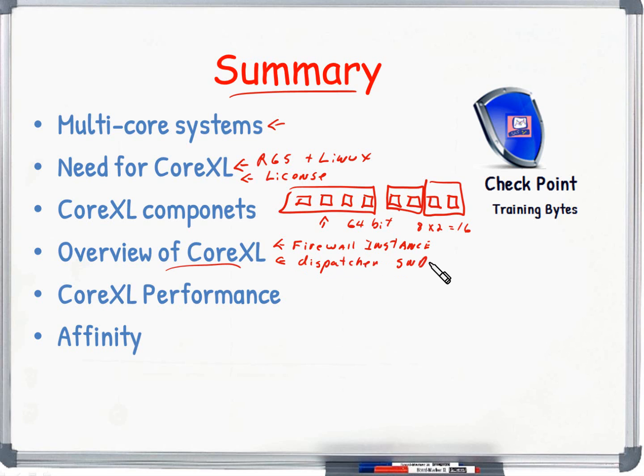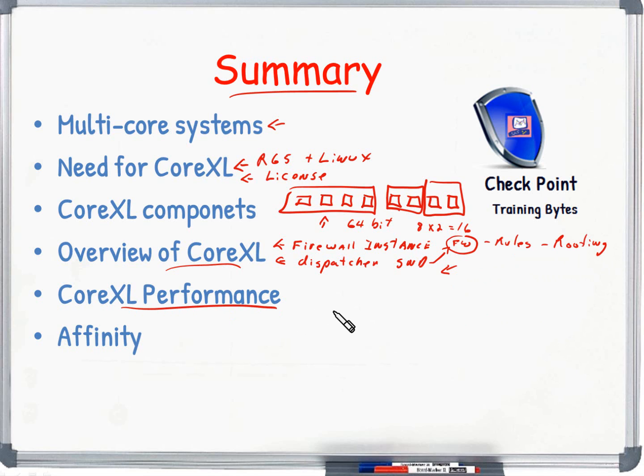And then we discussed how CoreXL works, how a packet comes into the dispatcher. The dispatcher makes a decision where to forward that traffic, and forwards it to one of the firewall workers. The firewall worker then processes that connection, looks in the rule base, finds a rule, sends that packet to routing for routing purposes, and also updates the dispatch table about that connection.